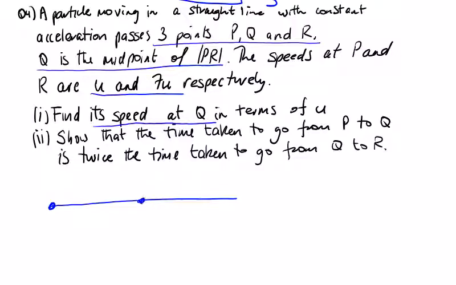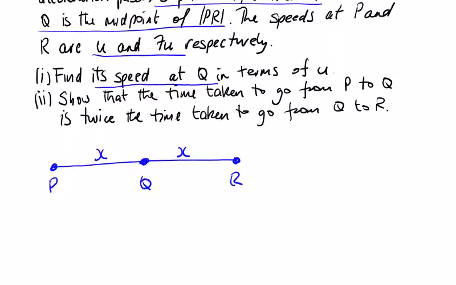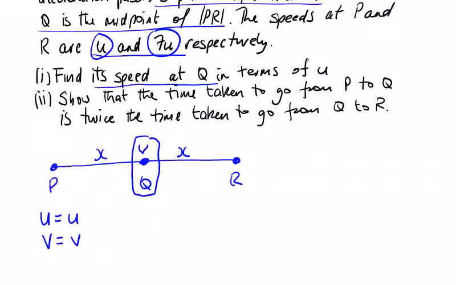P, Q, R. We call the distances x. Okay, what information do we have? We have a u and we have a 7u. So that's the initial speed at P: u is equal to u. Velocity, we don't know. We're looking for the speed at Q, so we're looking for v here in terms of u.